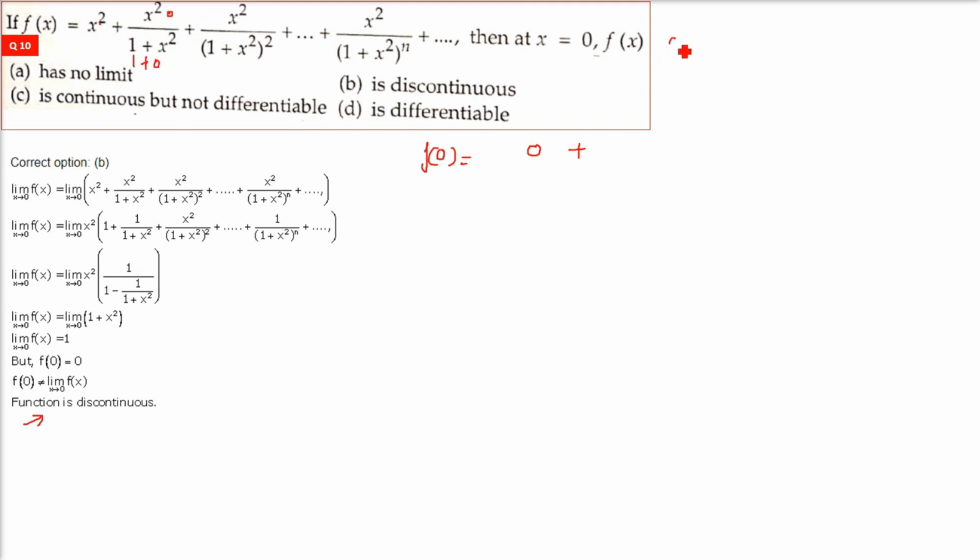0 by 0 square plus 1 plus 0 square, that is going to be 0 by 1, that is going to be 0. So all zeros will be there, and it goes up to infinity. When you add this, f(0) will ultimately give you a 0 value.